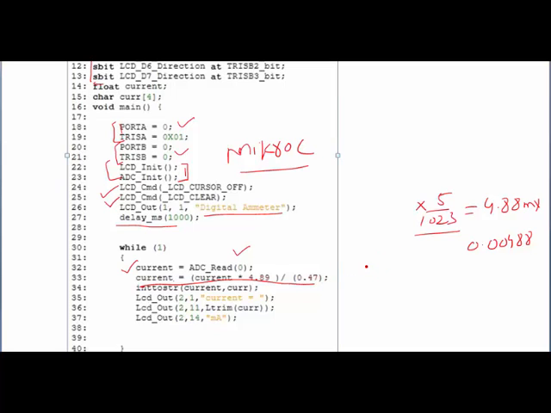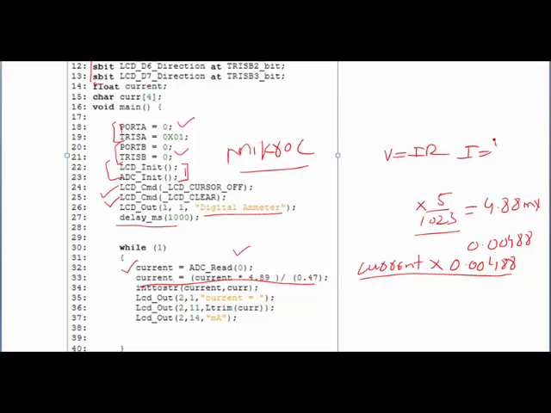For example, if I write it this way, current multiplied by 0.00488, this will be the voltage, and now we can convert voltage back into current using Ohm's law.